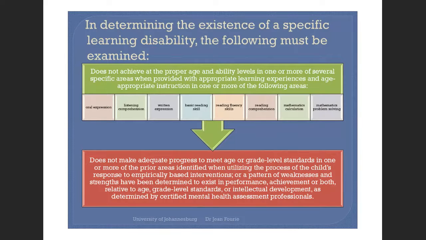They're showing signs of severe learning problems, but you may not say the child has a specific learning disability. So you can't make that actual diagnosis step. That is done in conjunction with a professional.